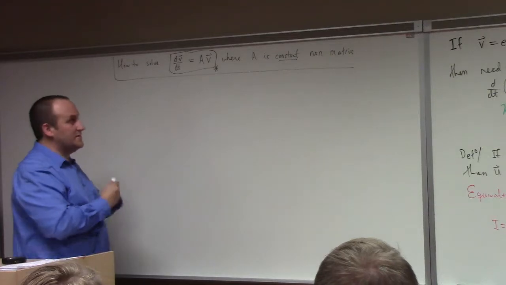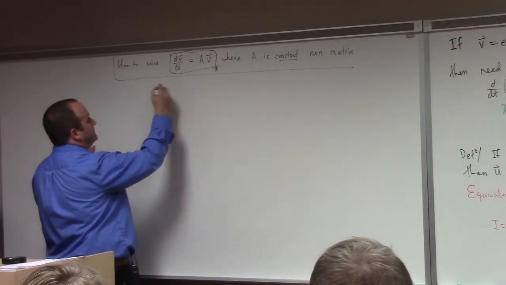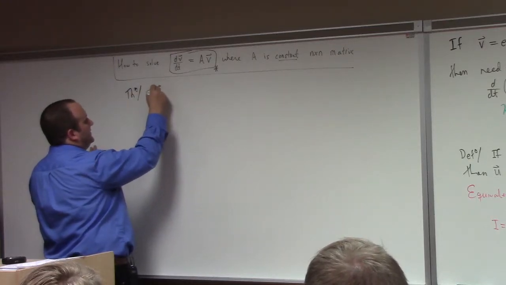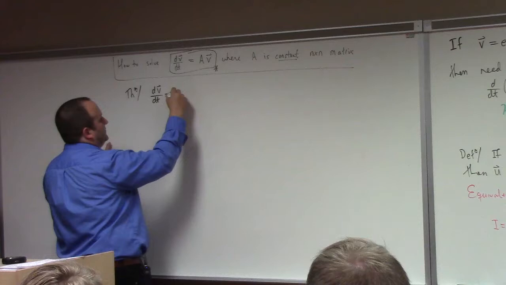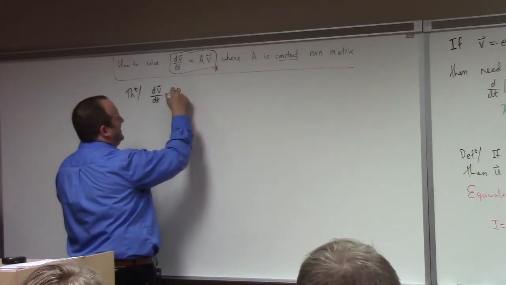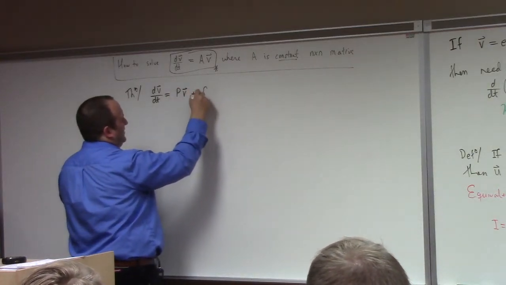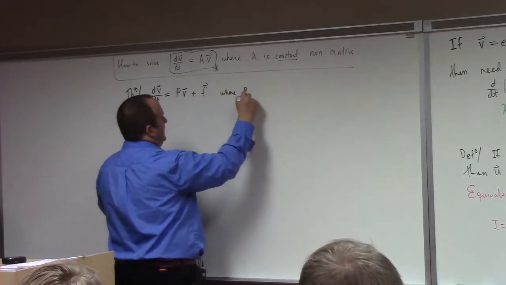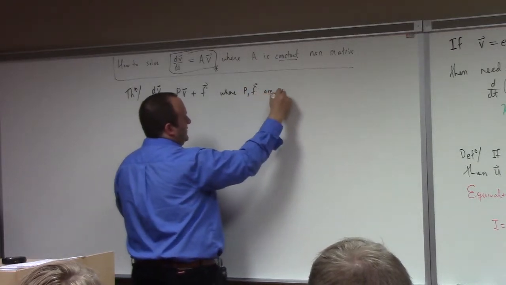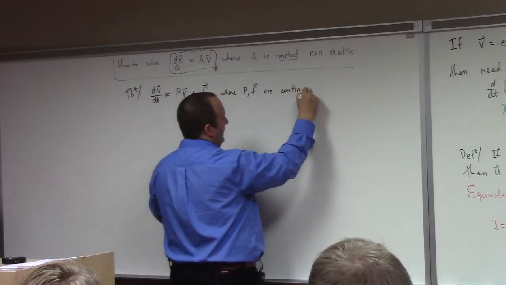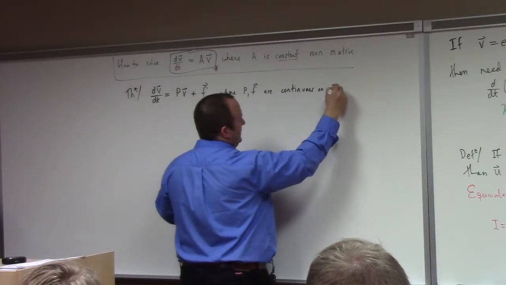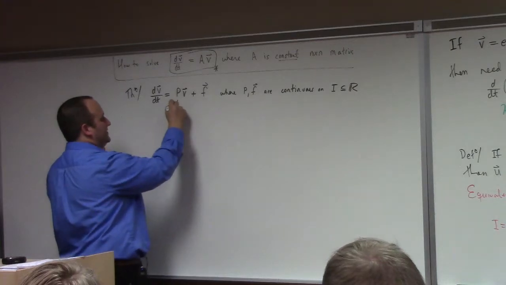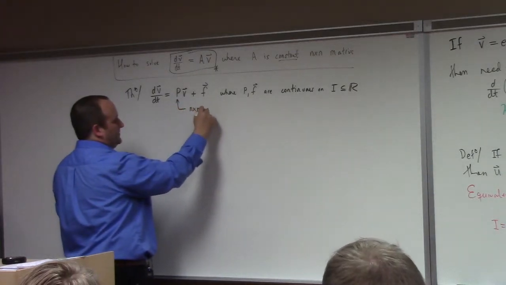If we have a linear system, a theorem: if we have dv/dt equals P V plus F, where P and F are continuous on some connected subset of real numbers, and here P is an n by n matrix of functions.